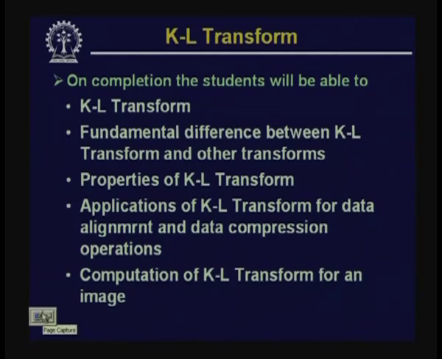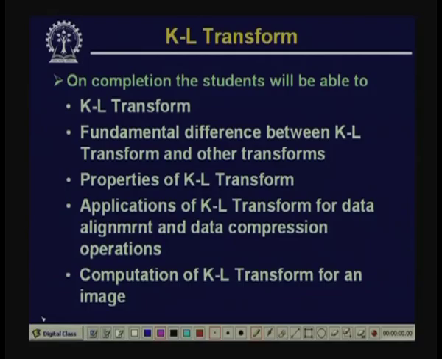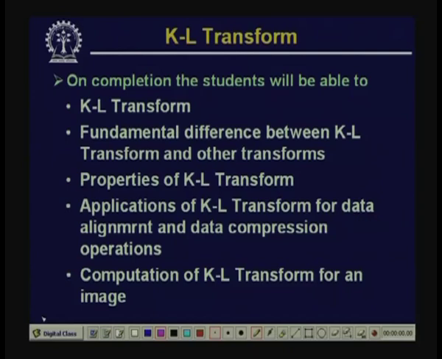Now, as we said, KL transform is fundamentally different from other transformations. So, before we start the discussion on KL transform, let us see what the difference is. The basic difference is that in all the previous transformations that we have discussed, whether it is the Fourier transformation, discrete cosine transformation, Walsh transformation or Hadamard transformation, the transformation kernel, whether it is the forward or inverse transformation kernel, is fixed.